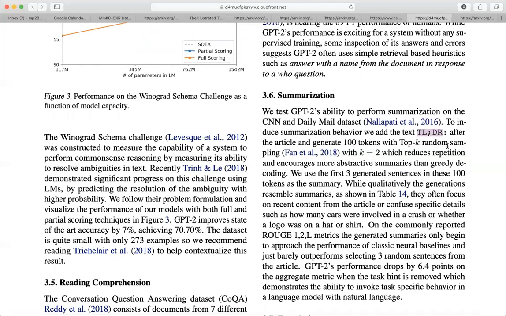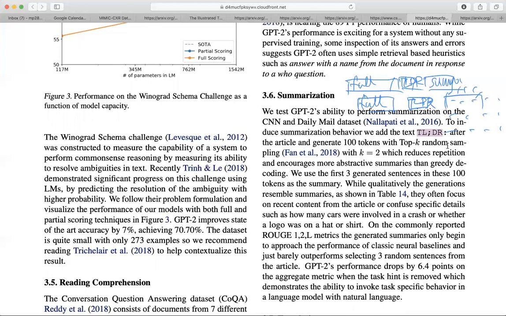In the same fashion, they give the full sentence, then TLDR, and then the actual summarization example. So the full sentence, TLDR, summarization, and then another full sentence, TLDR, and then they start sampling from here. What should be the summarization?